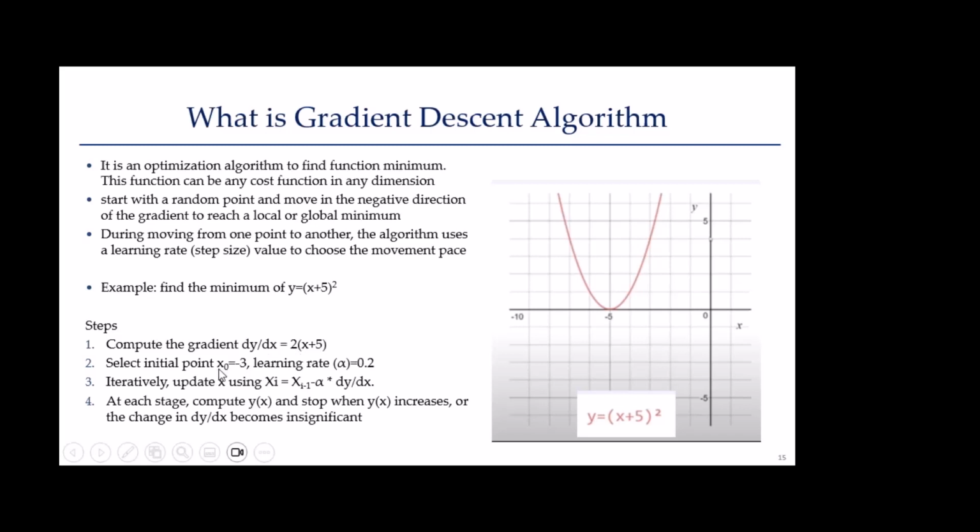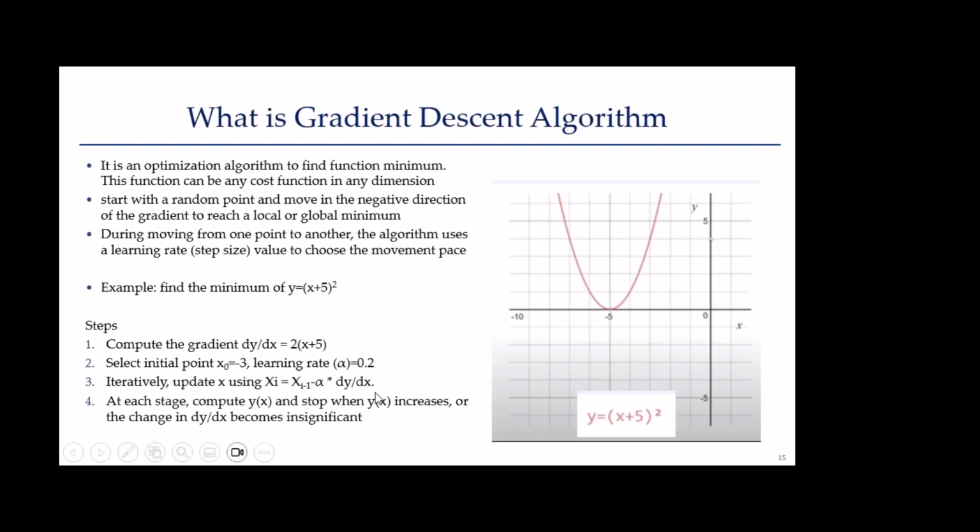And we can select a simple initial point of x equals -3. Sometimes, it's very important also to add another factor during the change of the next value of x during the iterations, which is called the learning rate. We'll talk about the learning rate later, but at the moment we use the learning rate to find out the next potential value of x. So this is how it's being calculated.